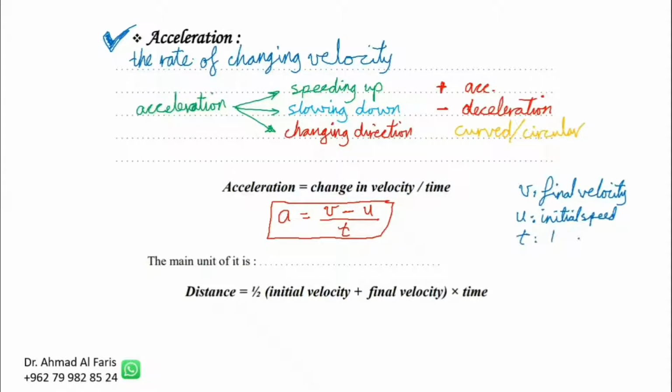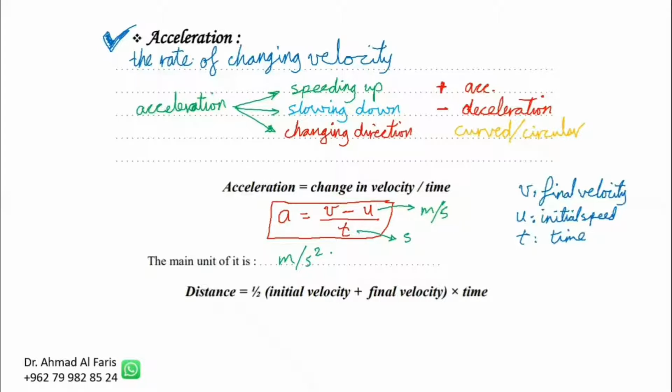سؤالي هلا شو اليونت للسبيد الفاينل والانيشال؟ Who can tell what's the unit of the final speed او الانيشال speed؟ meters per second. هلا هاي المترز بير سكند اللي هي اليونت للسبيد ديفايد باي اليونت للتايم اللي هي سكند. فشو اليونت للاكسلريشن تطلع؟ meters per second square. شو يعني اكسلريشن؟ لما احكي لكم انه الاكسلريشن for a car 2 meters per second square شو معناته؟ Every second the speed increases by 2 meters per second.